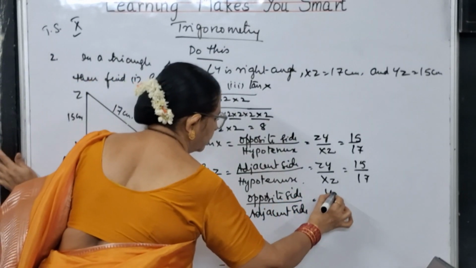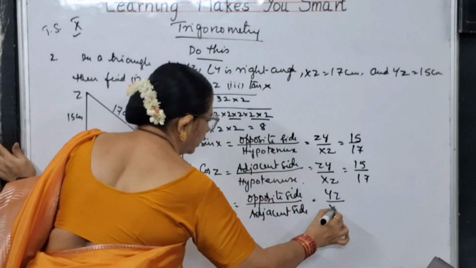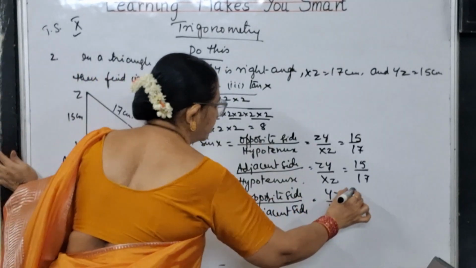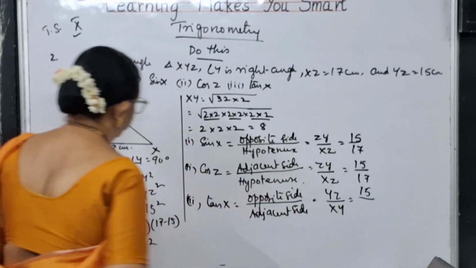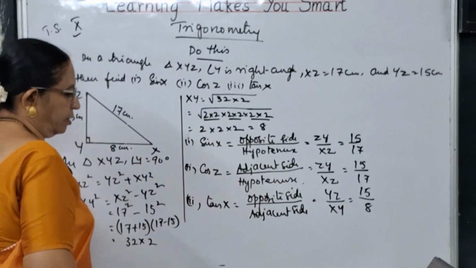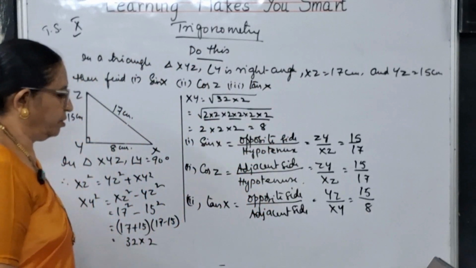YZ. By adjacent side for x is XY. So what is YZ, children? YZ is 15 centimeters by XY is 8 centimeters. These are the answers for second problem, children. Please note down.